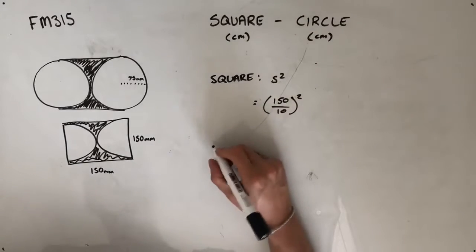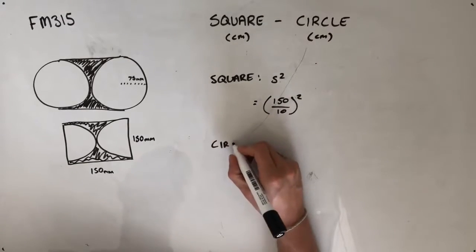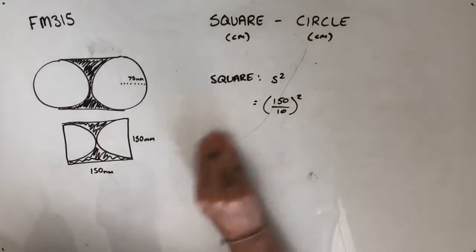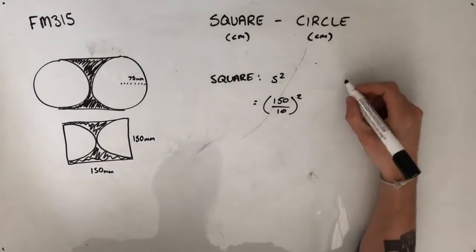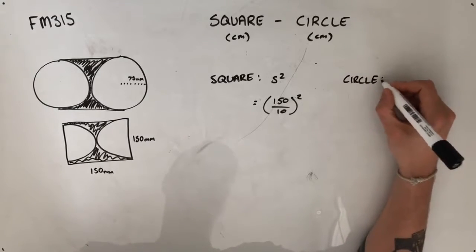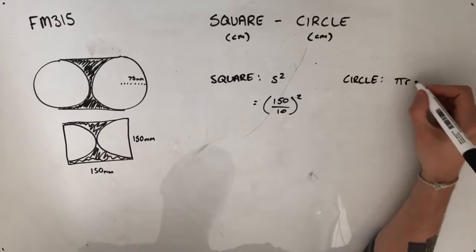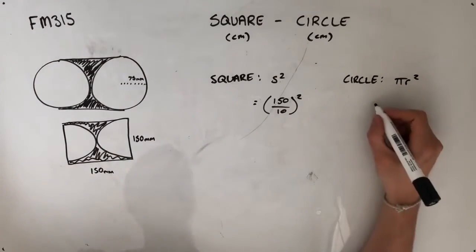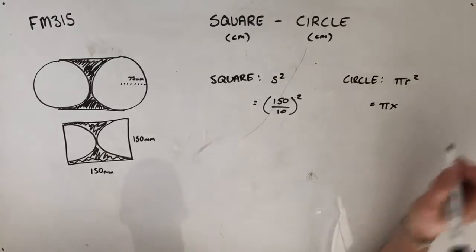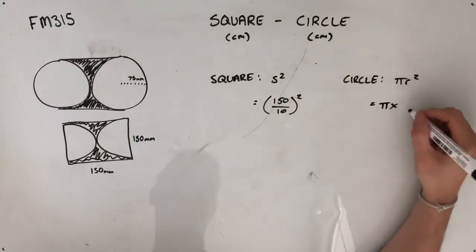So moving on to the area of the circle, which I actually will do over here. Having a look at the circle, the area of the circle, we're going to use pi r squared. Pi times, now substituting for the radius, once again we're not going to use that 75 that the radius gave us.